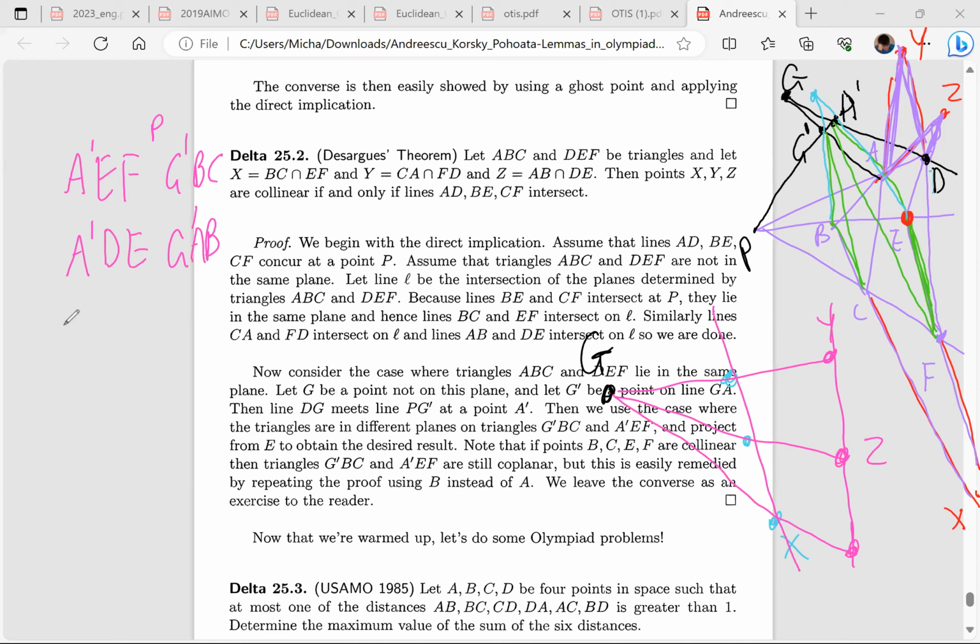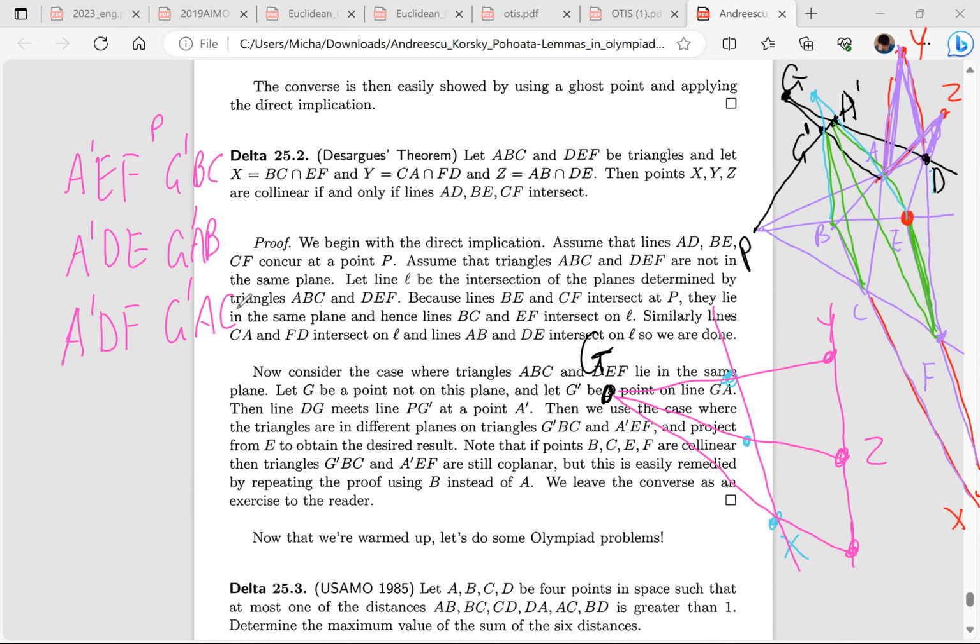And it's also A prime DF together with G prime AC.